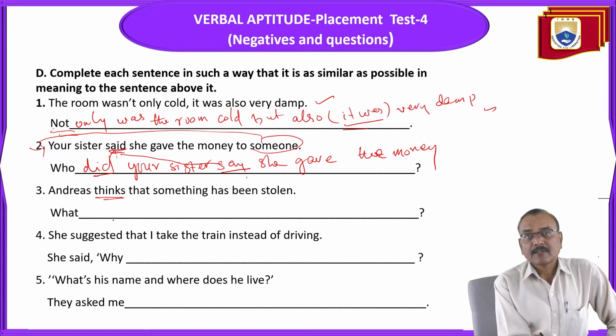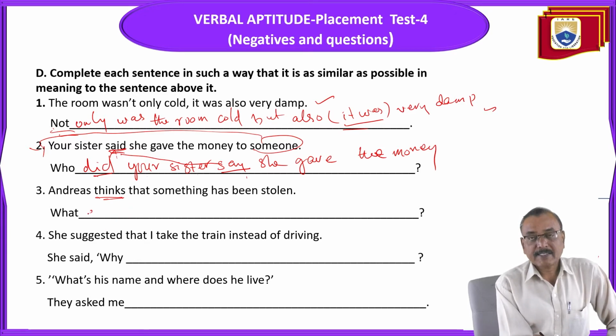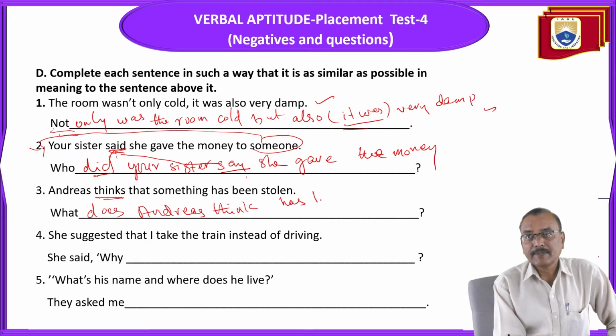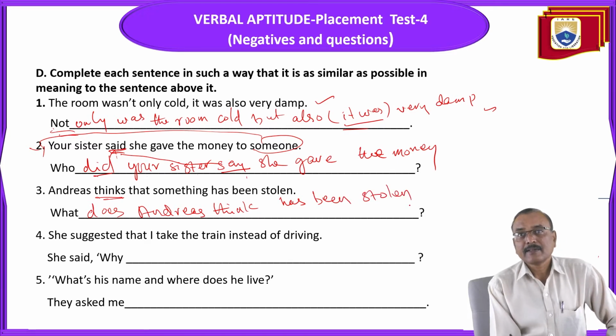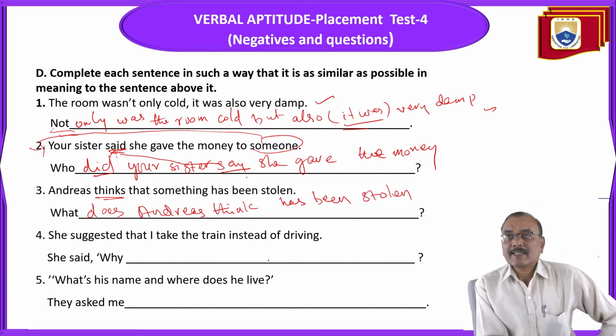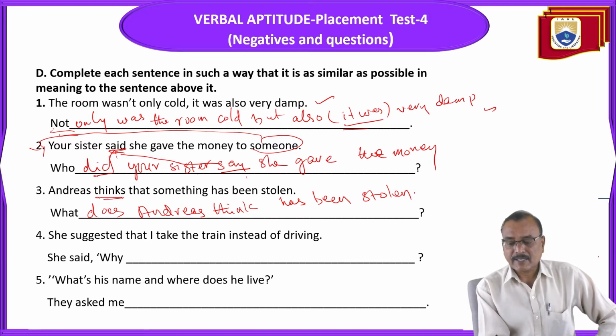So what does Andrews think has been stolen? Check it here. What does he think has been stolen?